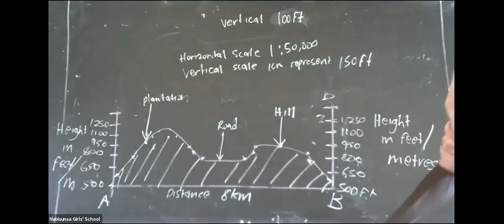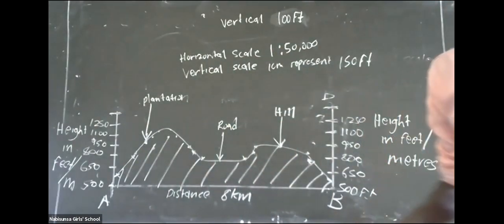Yes, Mutaisa? Teacher, when you are plotting, you are just estimating. Must we actually find what each box is worth? It's okay, you can do it, but as I told you, an examiner will not mind about your accuracy. The examiner will look at whether you are on the right line.